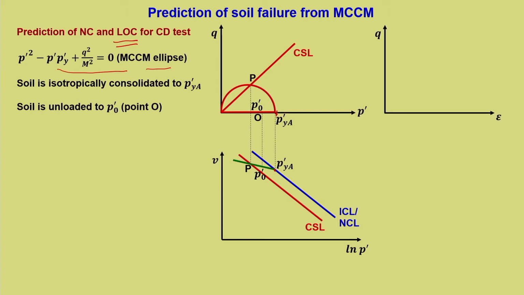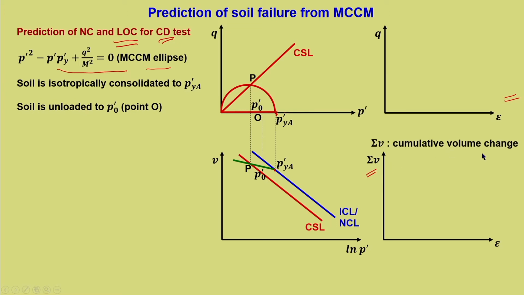As I told, we will also integrate Q versus epsilon behavior and volume change, because now it is a CD test. So, it is volume change, delta epsilon V, which is cumulative volume change. So, these many details we are going to understand for a typical NC LOC in a CD test.